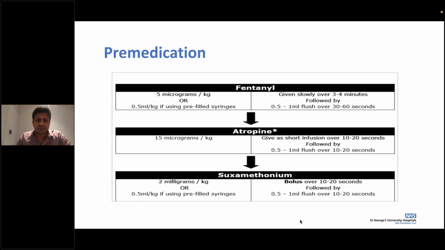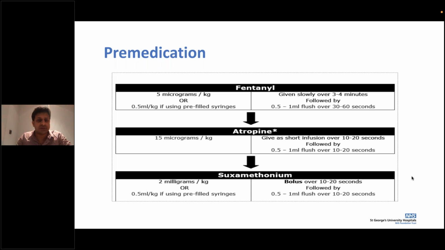Now, the dosage of fentanyl is 5 micrograms per kilo. A big chunk of units have moved on to pre-filled syringes, so that in an emergency it's easy, and there is a chart which gives you the weight. If this is the weight, this is how much you have to give in terms of mils, so there is no drawing up, and it's all ready for you.